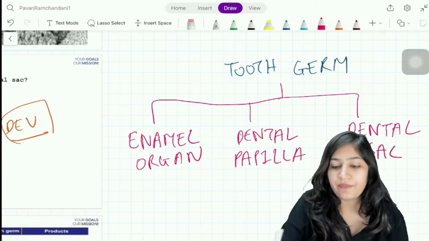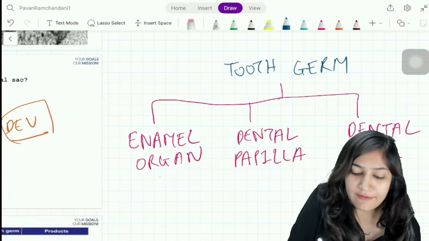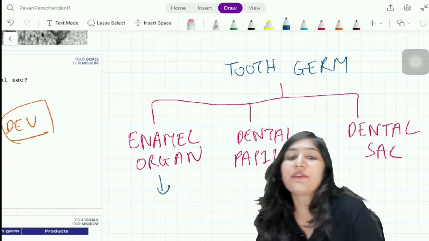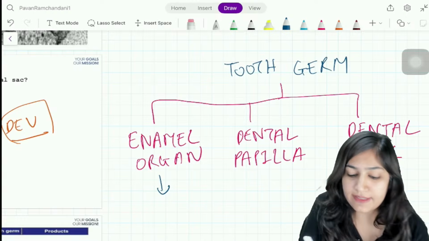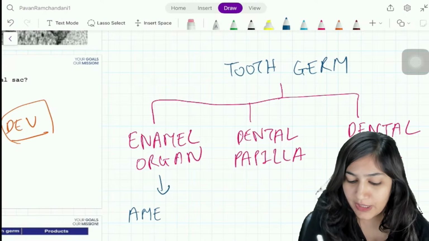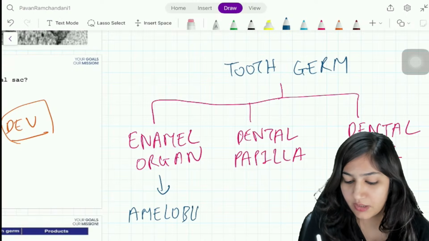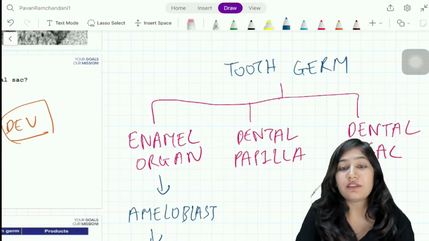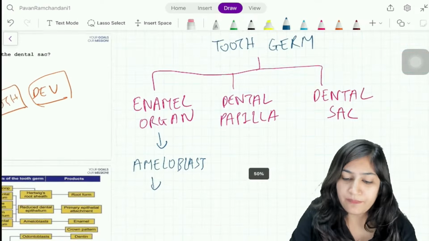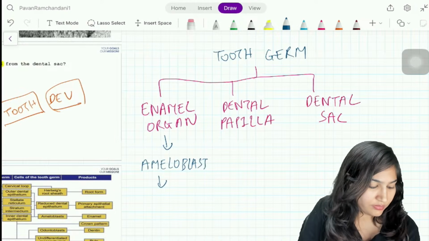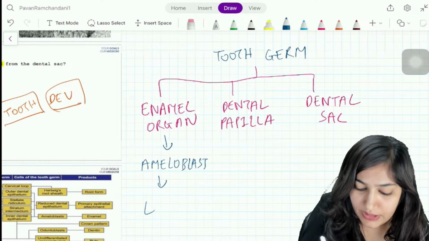In the enamel organ we have inner enamel epithelial cells that will differentiate into ameloblast cells, and these ameloblast cells lead to the formation of which hard tissue? Enamel.